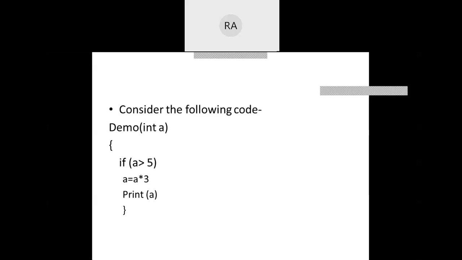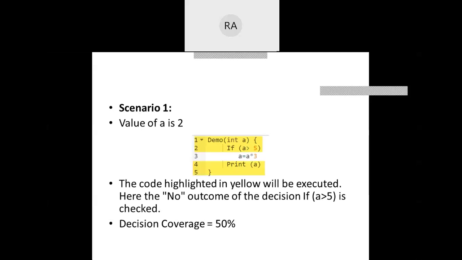We had taken a simple example wherein I had one conditional statement. Based on it, if it is true, where it has to go, and if it is false, where it has to go. I had considered one scenario where the value of A was 2. Focus on this particular conditional statement: if A is greater than 5.